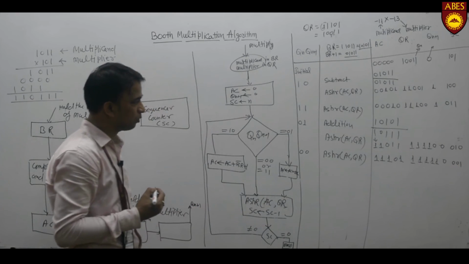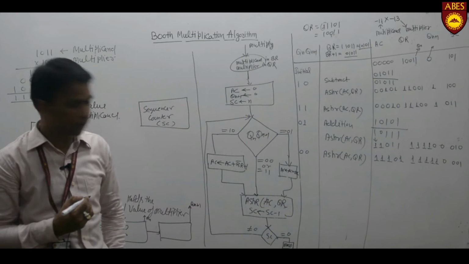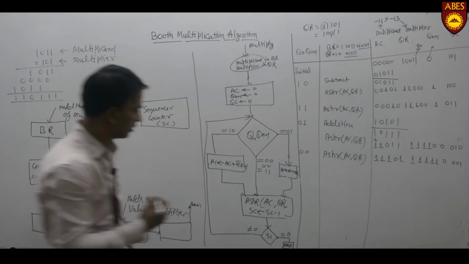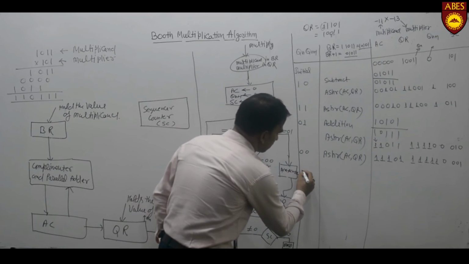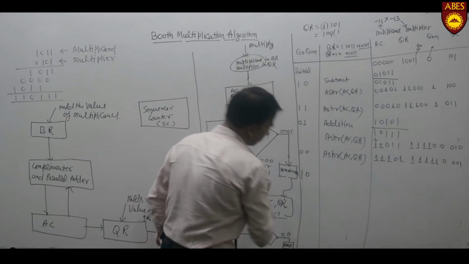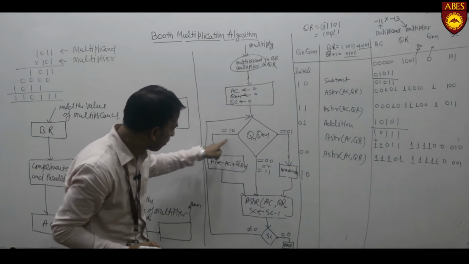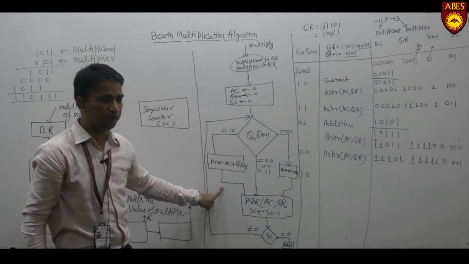Now again we have to check the value of Qn and Qn plus 1. Yes, it will be 1, 0. It means we have to perform the subtraction operation again.